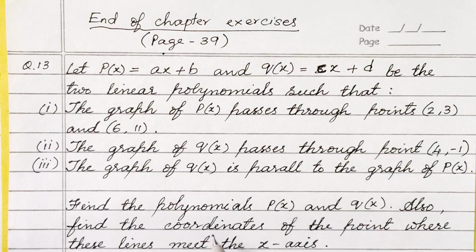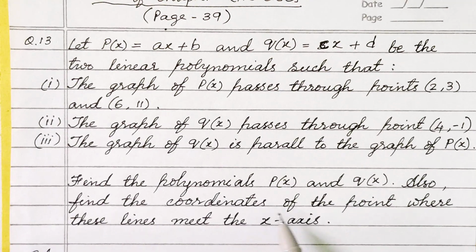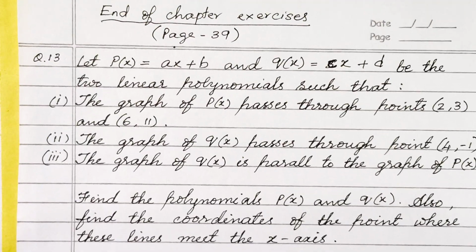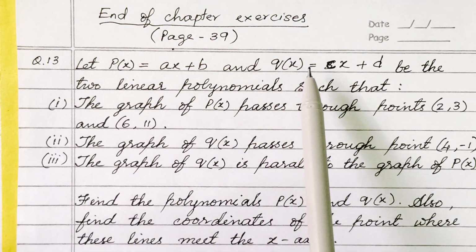Also find the coordinates of the point where these lines meet the x-axis. So here we have been given two polynomials p(x) and q(x), and we need to find both the polynomials.